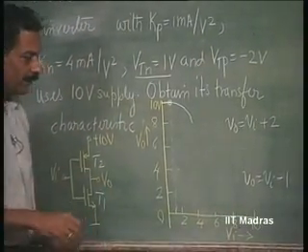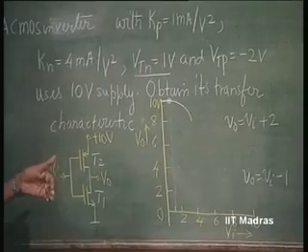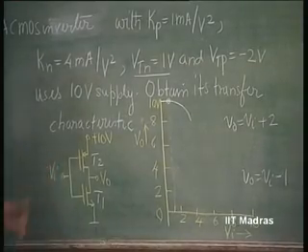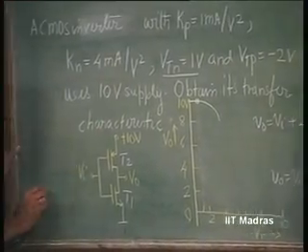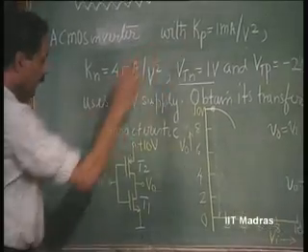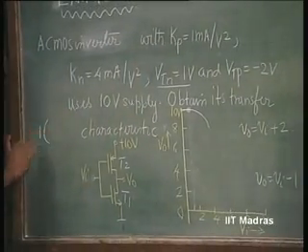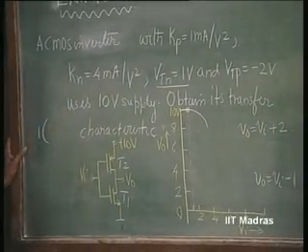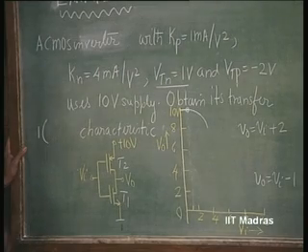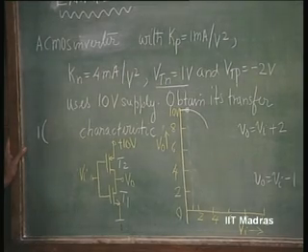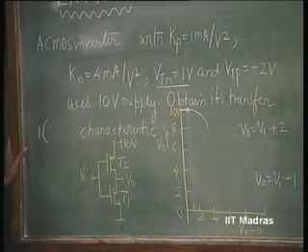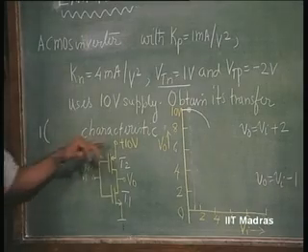Now, in between we have both transistors in current saturation region. Therefore, we have Kp, which is 1, into, now this is important, Vgs minus Vt, which we are going to always refer to as Vsg.